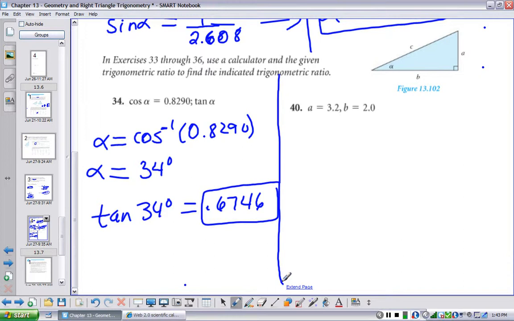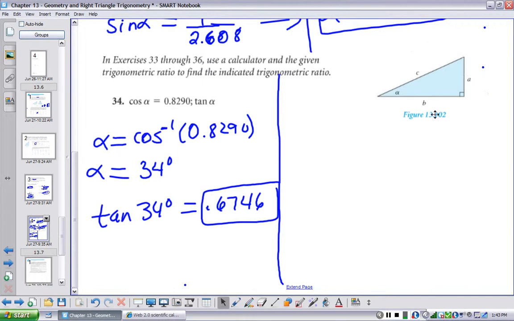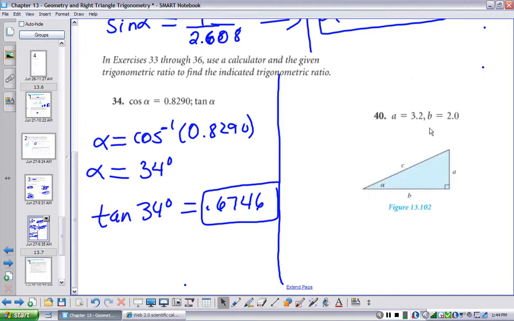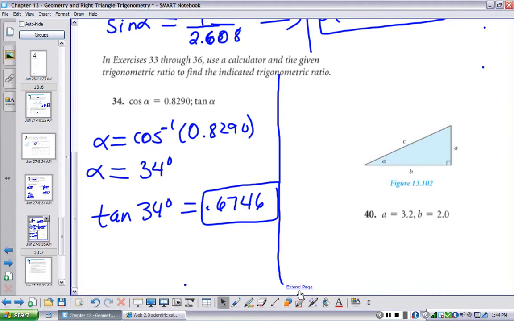Let's look at another problem like this, number 40. This is the figure here that we use for number 40. And the directions are a little bit different.